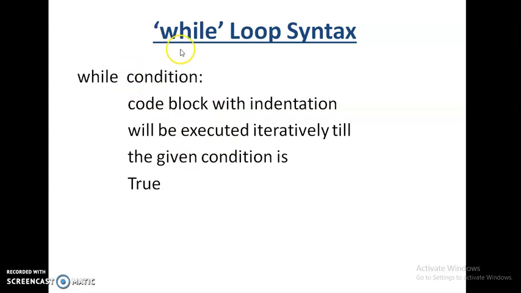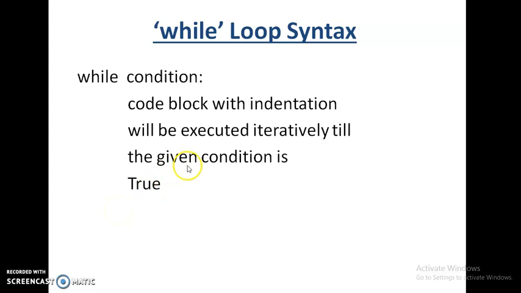Till the point this condition is true. The while loop will be executed as long as this condition is true. As soon as this condition becomes false, returning the boolean value false, the control of execution will skip this code block and go to the next line of code written after the while loop.